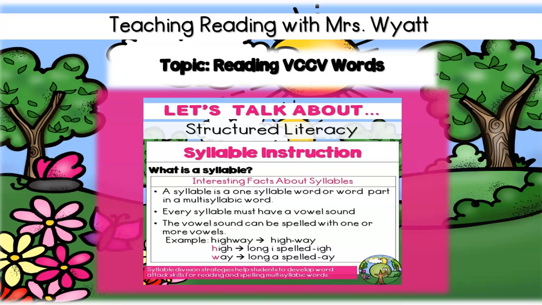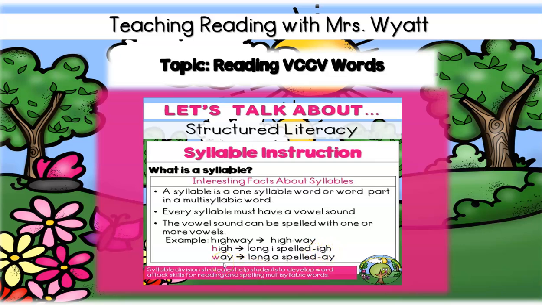The vowel sound within a syllable can be spelled with one or more vowels. It depends on how you spell that specific vowel pattern. For example, highway is a two-syllable word. In the first syllable, high, the vowel is the long I sound, spelled IGH.